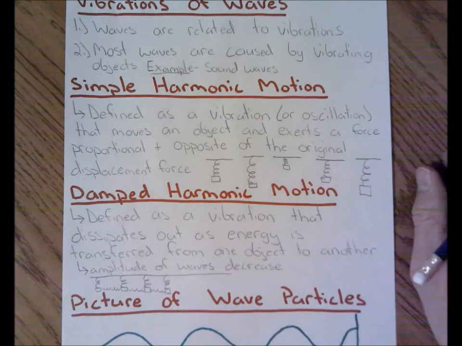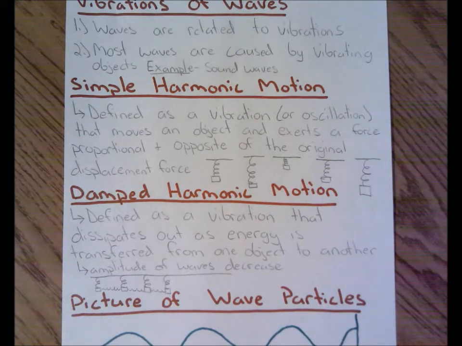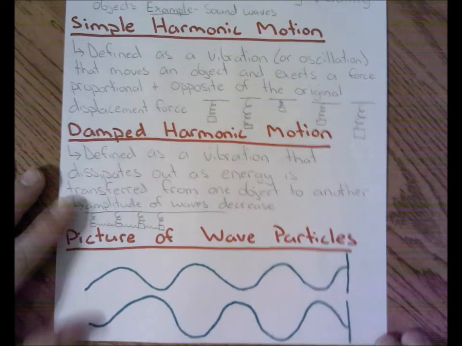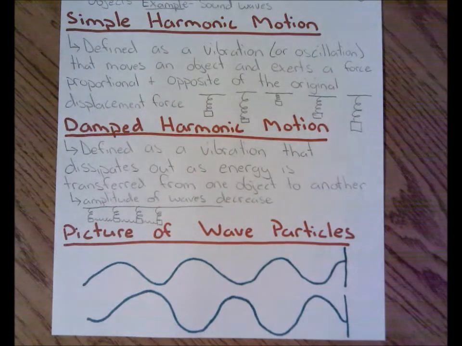Now, also what we have to think about, we go back to that original example I gave with the leaf, and we talk about our picture of our wave. And so a key thing here, as a wave moves, particles are vibrated in a similar way that we have these connected masses.